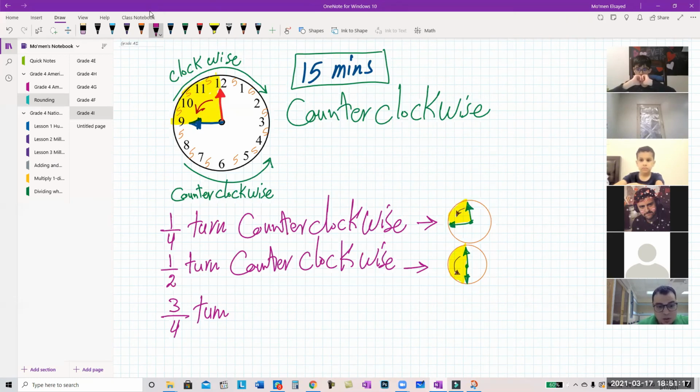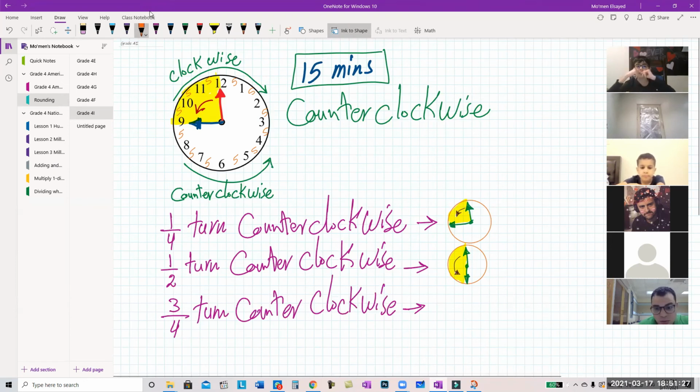Hear me? 3/4 turn counterclockwise means 3 over 4 counterclockwise like that. That's the meaning of counterclockwise.